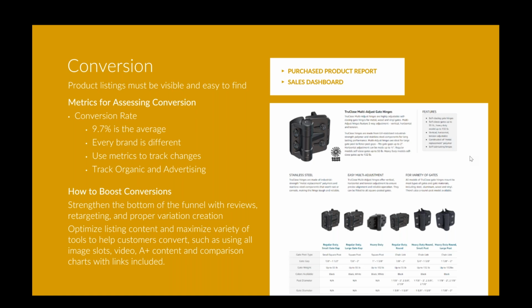It can be off-putting if the variations don't line up. If you have old variations or sizes or colors that are showing that are just grayed out because they're not available anymore, just doing a quick audit of that can be a huge way to make sure that the consumer's experience once they get to your listing is a positive one.